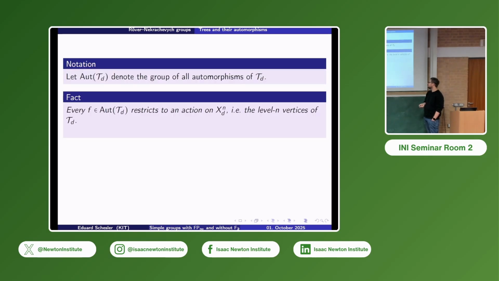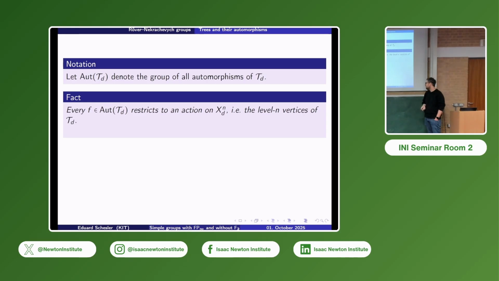Okay, Aut(T_d) will denote the group of all automorphisms of the rooted tree. And by this, in particular, these automorphisms fix the root. As a consequence, they fix words of a given length, since they are precisely described as words of a given distance to the root.